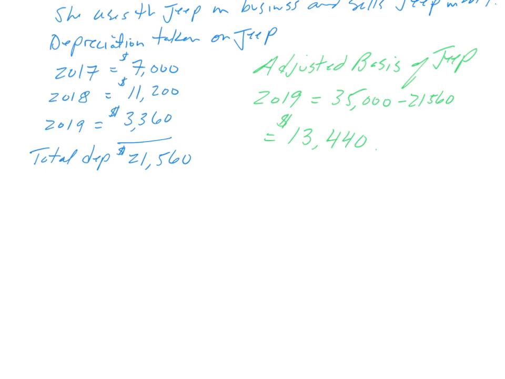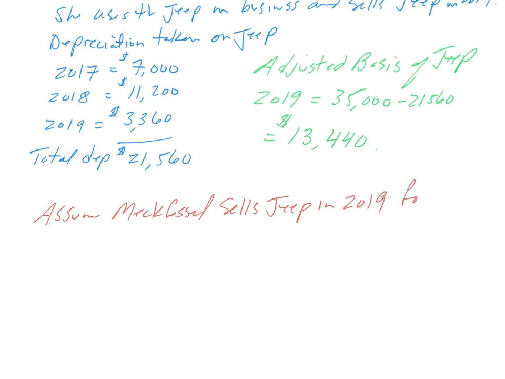Now, let's assume, all right, so we sell the Jeep in 2019 for $20,000.